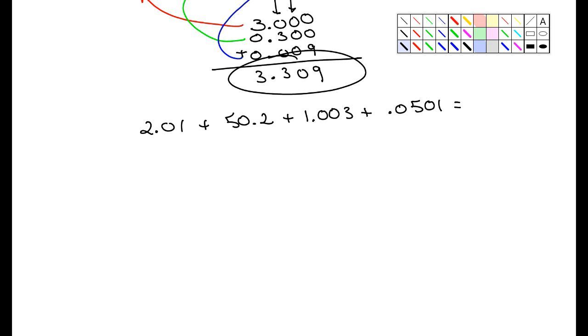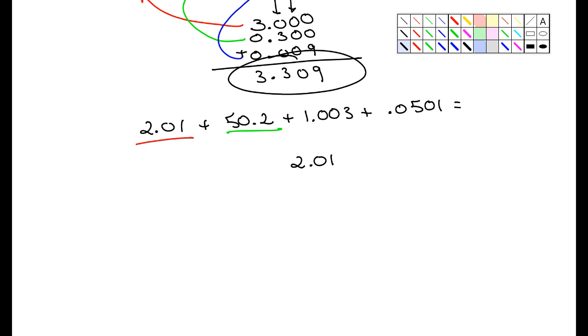So when you add up decimals, the most important thing to remember is you keep the decimals lined up. Okay? So I'm going to start with the 2.01, and I'm just going to put down 2.01. All right? And then the next one will be the 50.2.